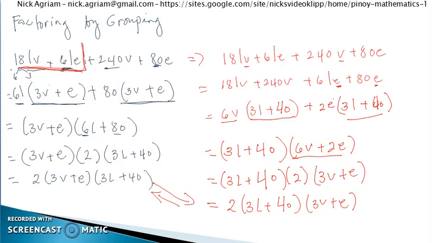Let's try some examples. We have 4WT plus 2WH plus 6IT plus 3IH. As you can see, I have W there, I have W there.